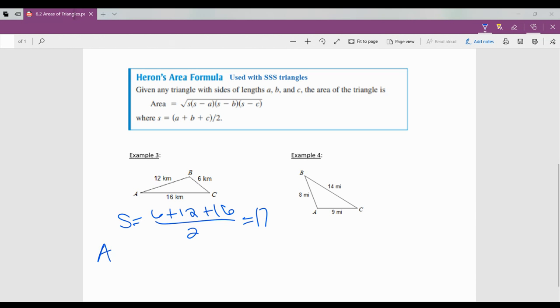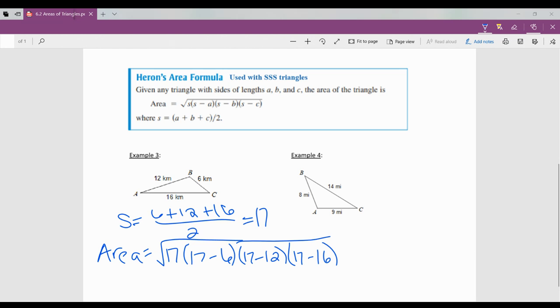So my area is going to equal the square root of 17 times 17 minus the first side, 6, times 17 minus the second side, 12, times 17 minus the third side, 16. I'm just going to extend that square root because it's all under the square root.